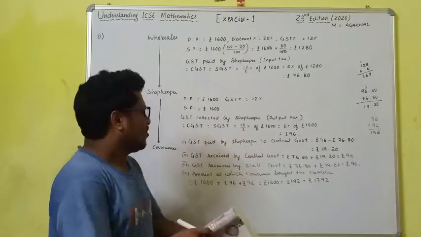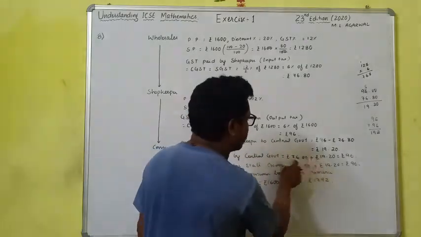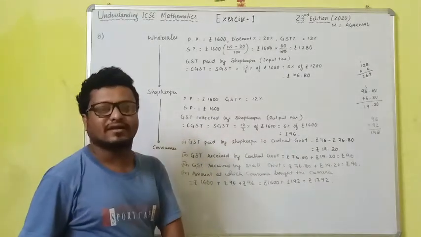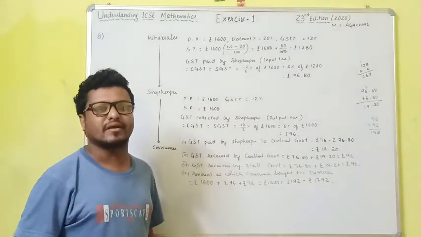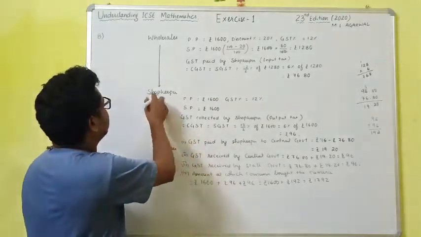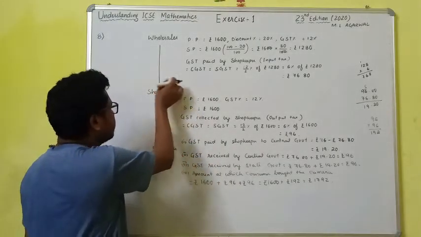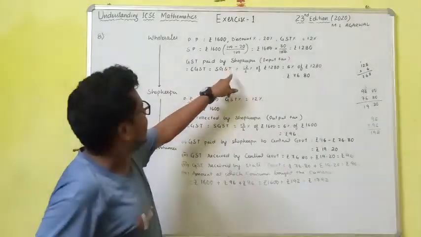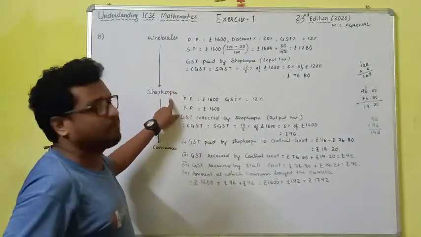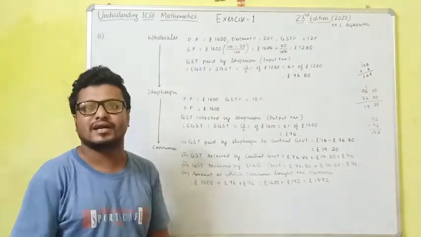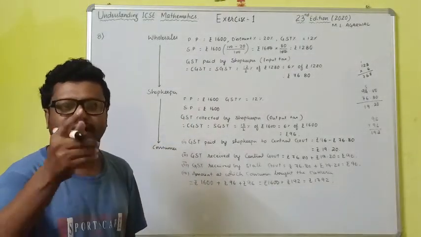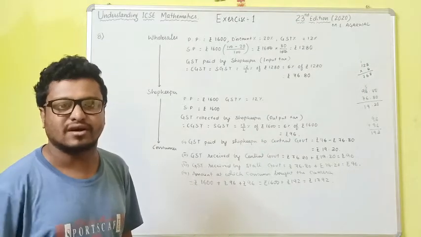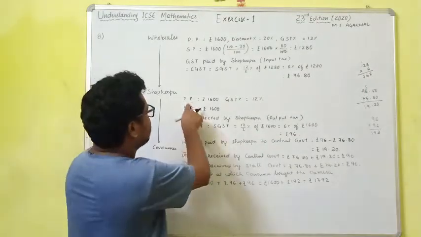So you may think why sir has added these two things here. See, the GST received by the central government means whatever the shopkeeper added. The shopkeeper buys the thing at some discount, but he sells the article at the printed price.